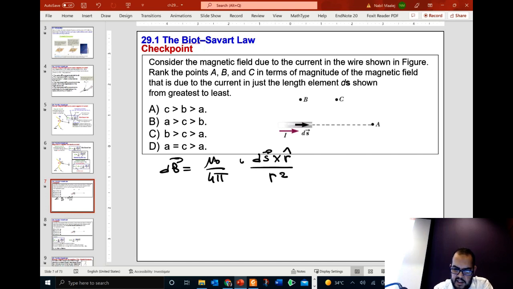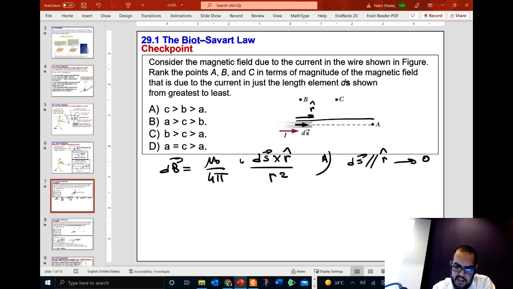Okay, so let's start with A. Let's draw it: the unit vector r is like this, and this is ds. You can see that in this case the unit vector and ds are parallel, so for point A ds is parallel to r. This will give you 0, since the cross product of two parallel vectors is 0.